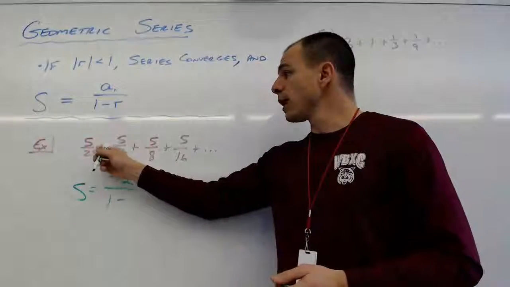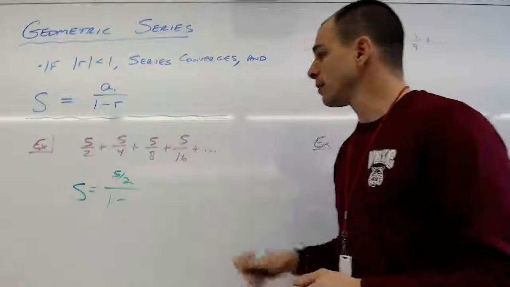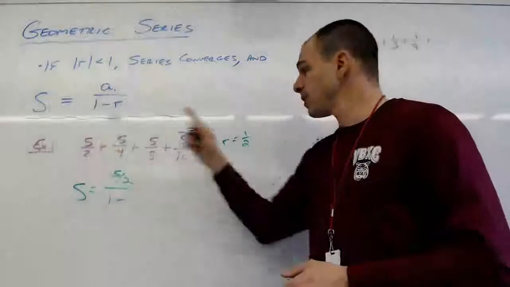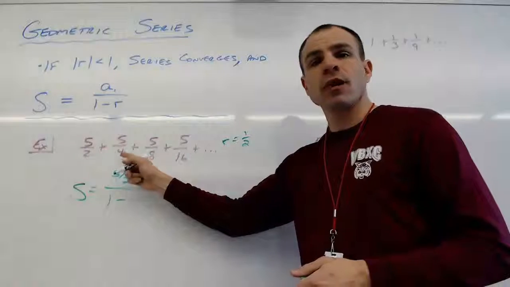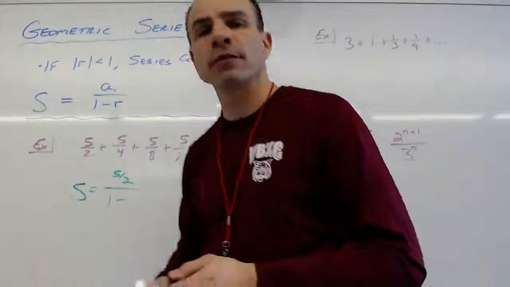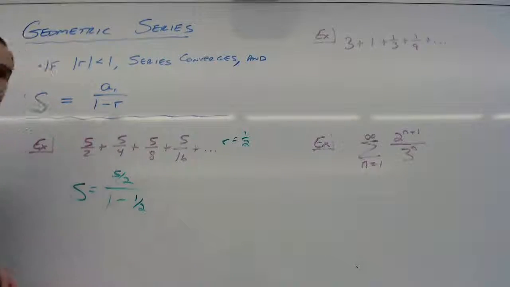What are we multiplying by each time to get to the next term? What's our r? You're right, it's a half. 5 halves times a half is 5 quarters. 5 quarters times a half is 5 eighths. So r is equal to a half, and so we have 1 minus a half in our denominator.